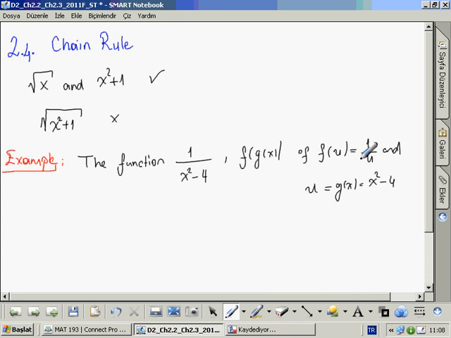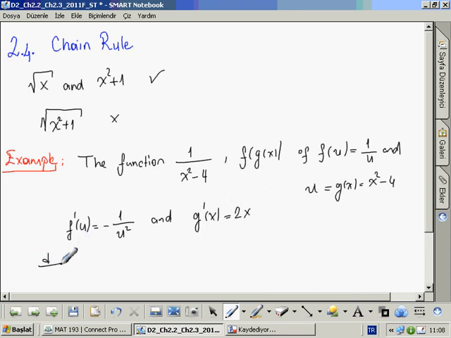So f prime of u equals minus 1 over u squared, and g prime of x equals 2x.